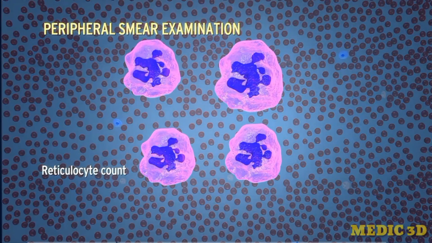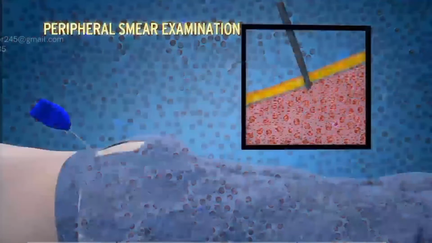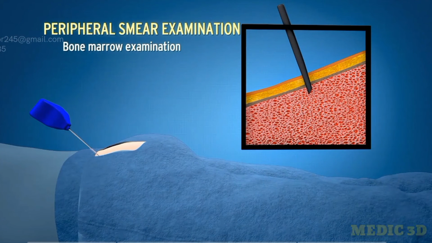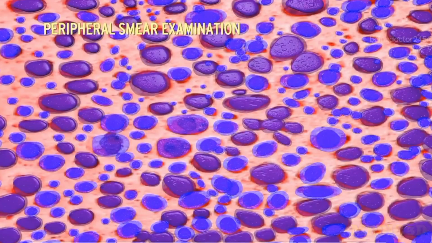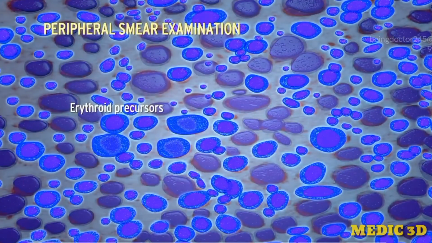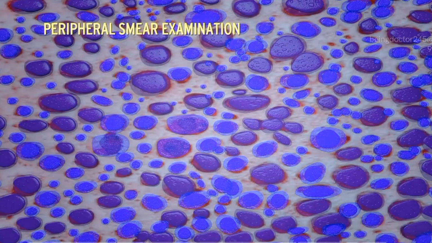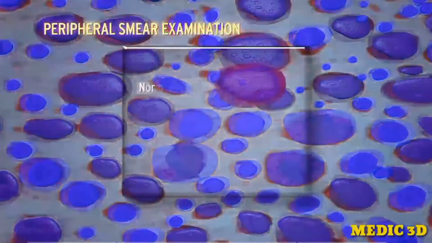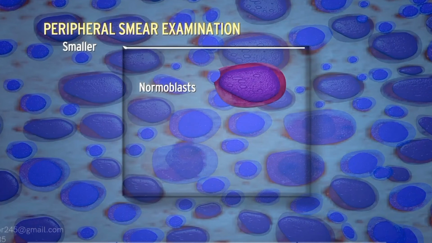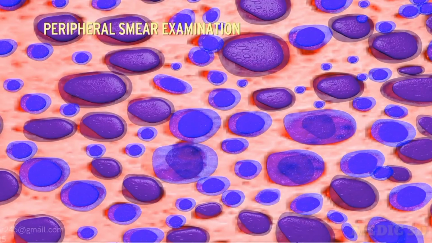Reticulocyte count is low but can be normal and may increase with treatment. Bone marrow examination shows a hypocellular marrow with increased erythroid precursors, termed as erythroid hyperplasia. The normoblasts are smaller than usual and have basophilic cytoplasm. This is known as micronormoblastic maturation.